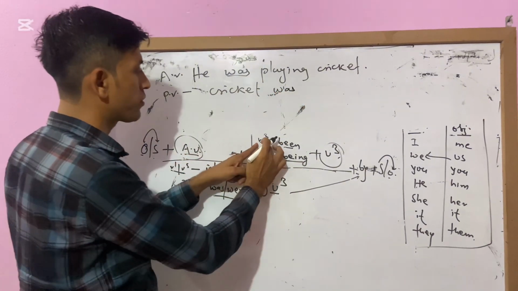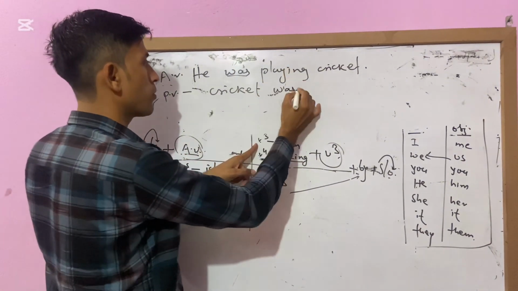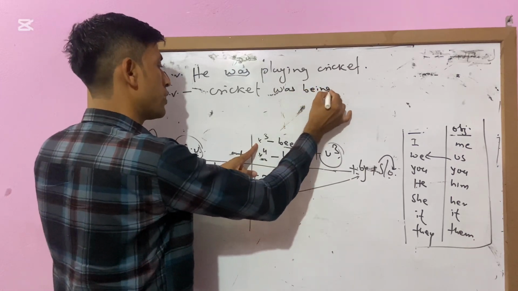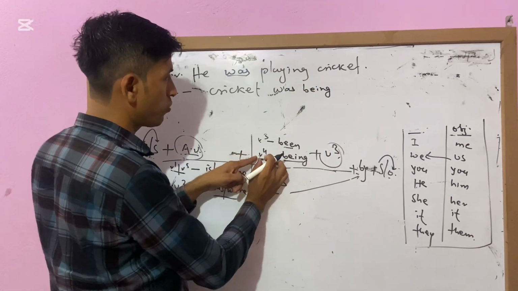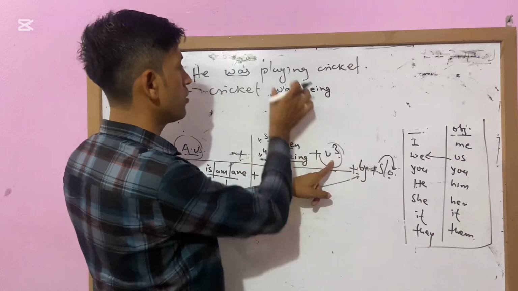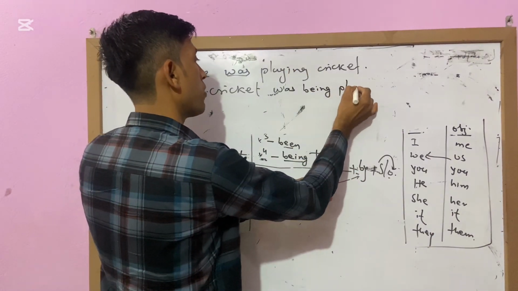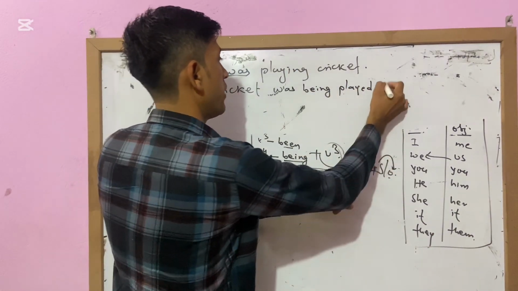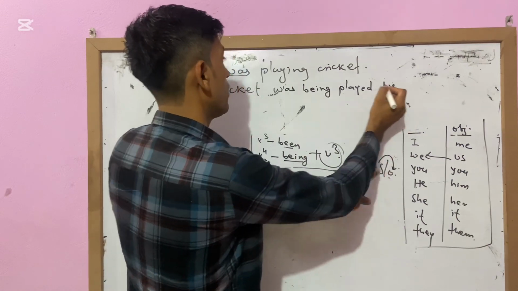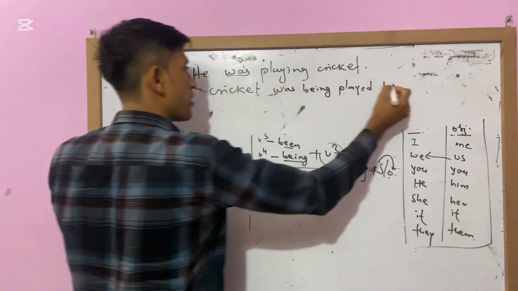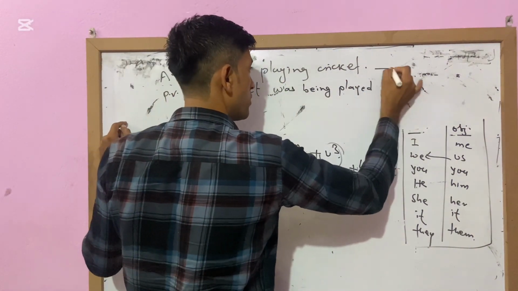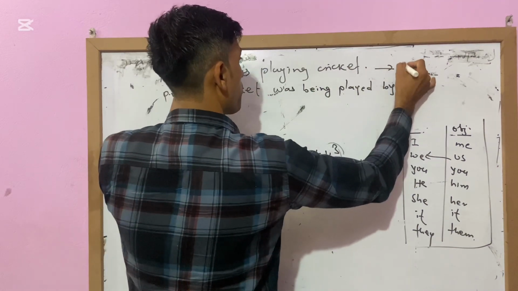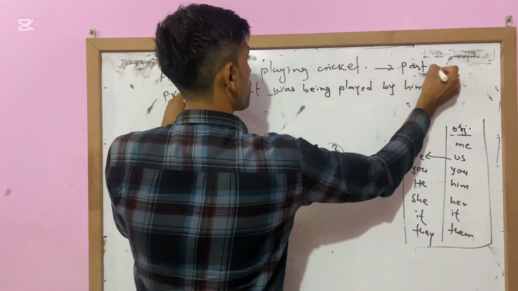Then verb 3 or verb 4. If verb 4 is given, then we use being, right? Verb 4 being, then we use verb 3: playing, verb 3, played, then by, then subject by object. What is the subject? He, we change into him. This one is past continuous, right?